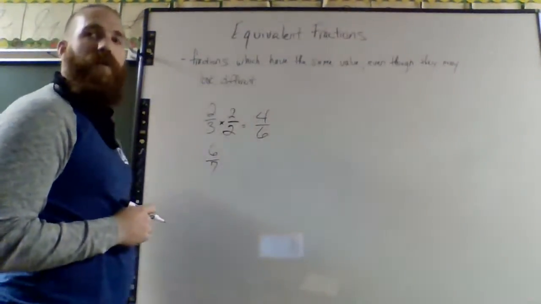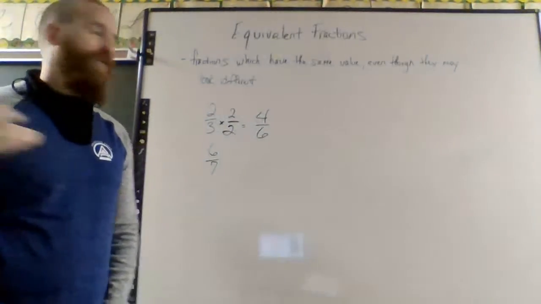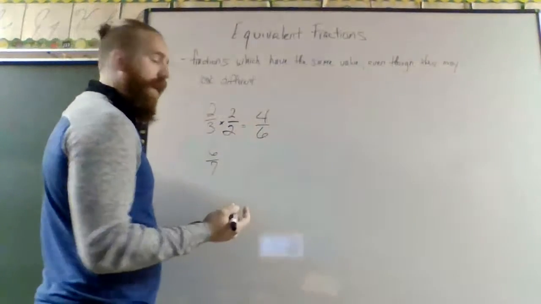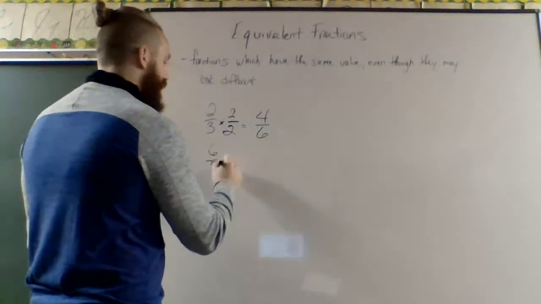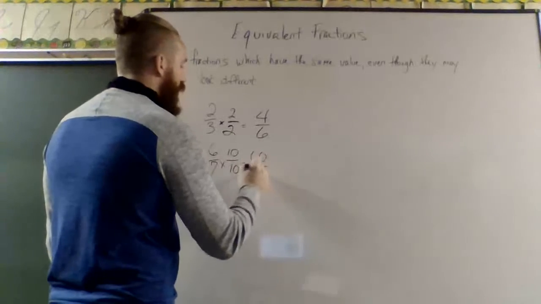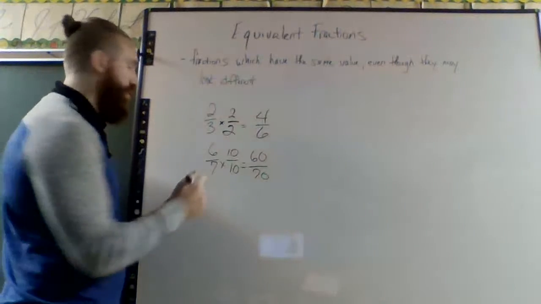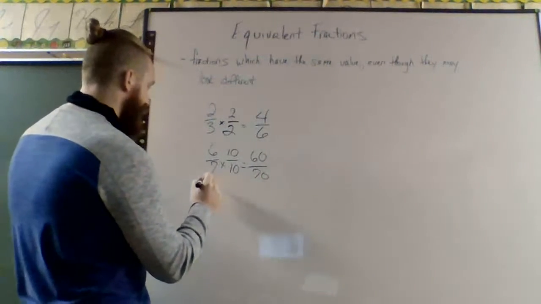Well, you guys know that if you add a 0 to the end of both numbers, it doesn't change the value. It's the same as multiplying by 10. So if we multiply by 10/10, we get 60/70. And it would be the same if you add two zeros to both numbers following the base 10 system.